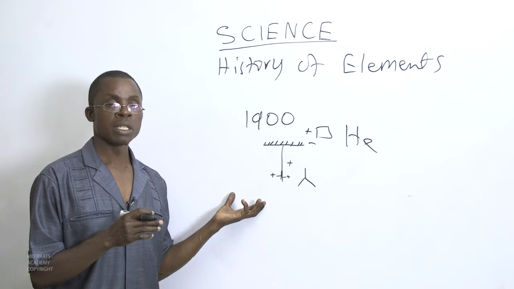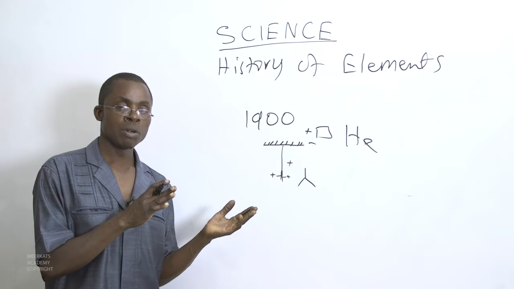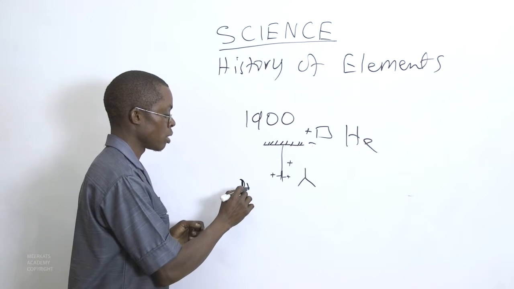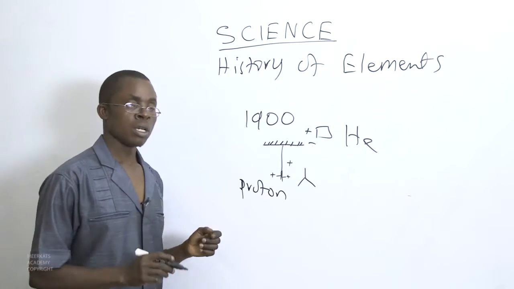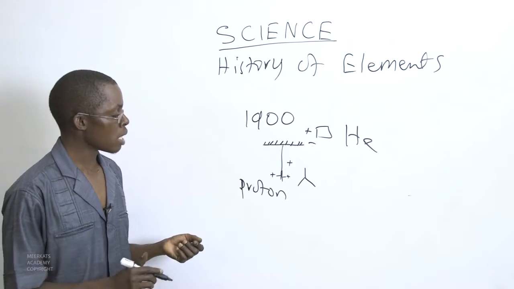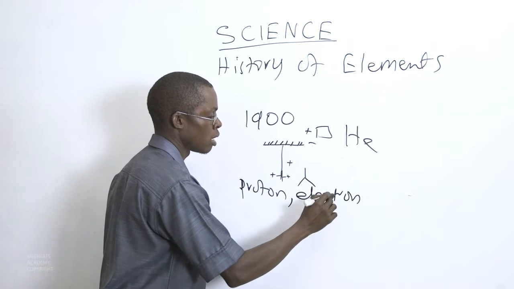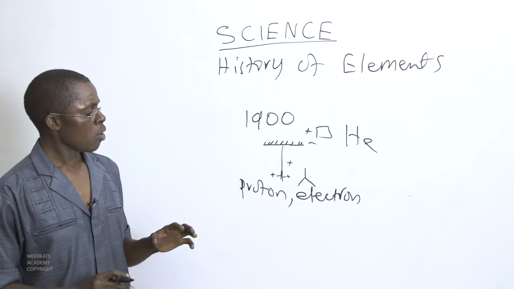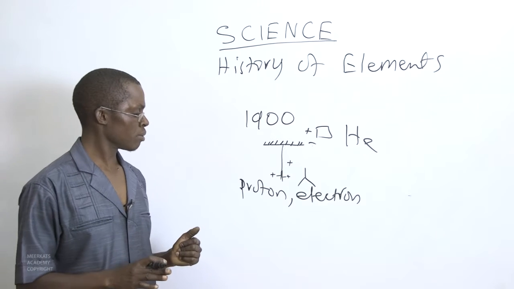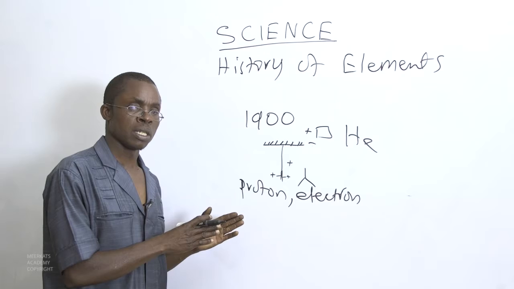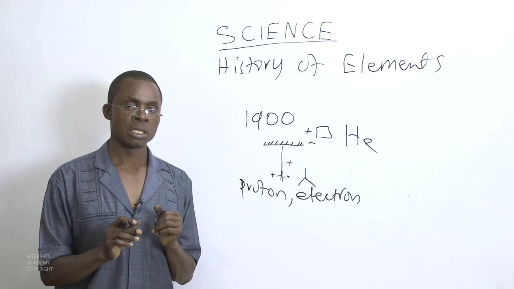After having discovered that we have positive and negative, the positive was called a proton, and the negative was called an electron. But on looking at the masses and the positive aspect, there was an imbalance.